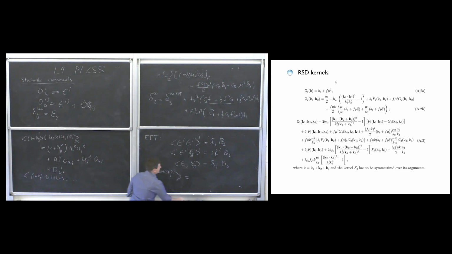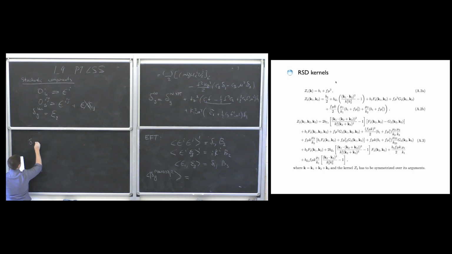To make this discussion a little easier, let me summarize what we have so far for the stochastic effects. We have the galaxy field, the vector field, and the spin 2 field. Now, if I recover all the appropriate factors of f and k_z from my redshift space mapping, I'm going to find the following expression.